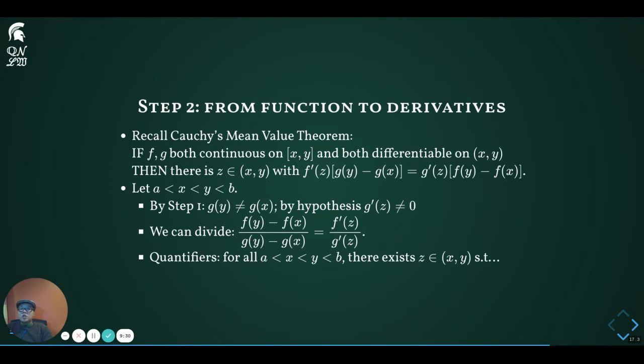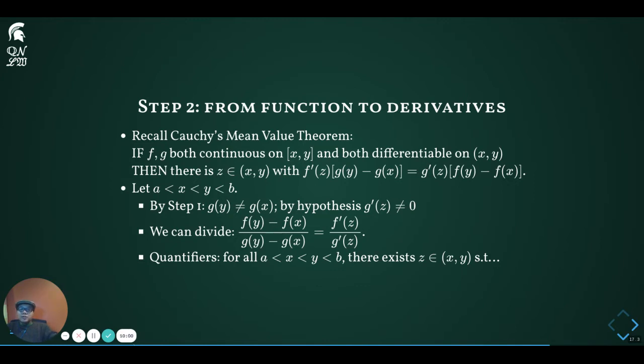If f and g are both differentiable on an interval, then there is an interior point where the derivative of f times the total change of g is equal to the derivative of g times the total change in f. So now let x and y be arbitrary in the interval ab, labeled so that x is less than y.